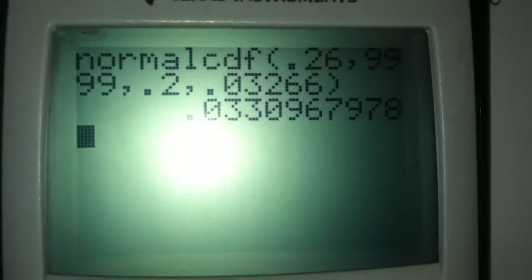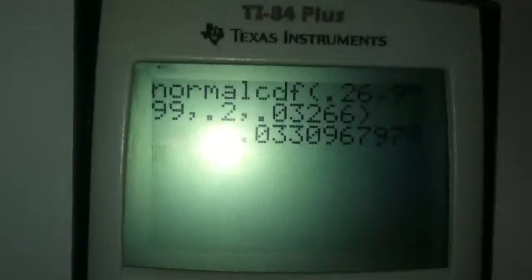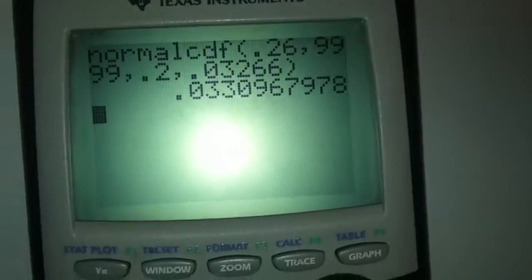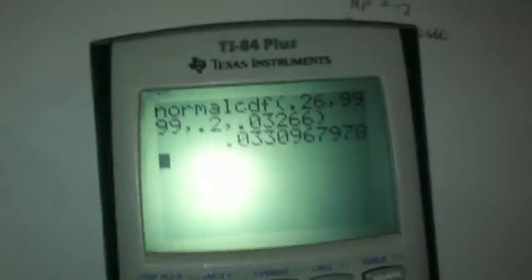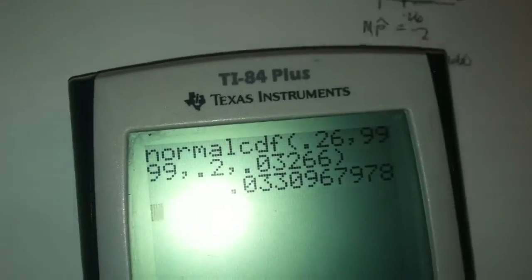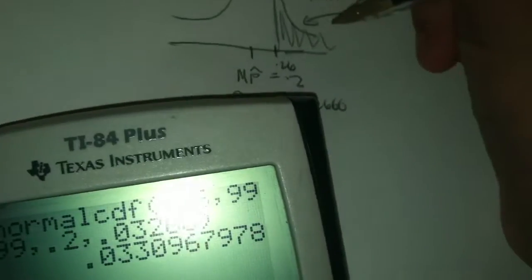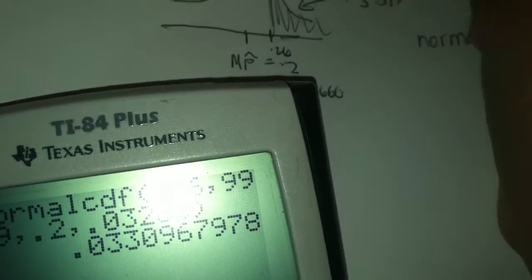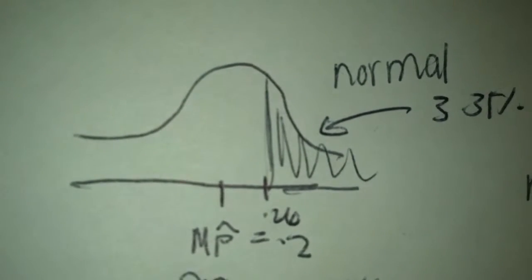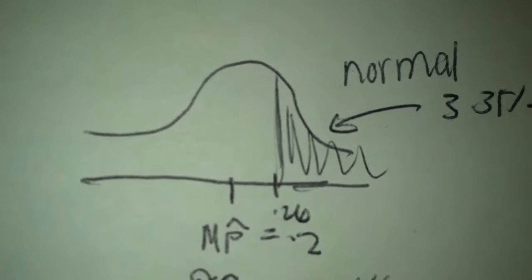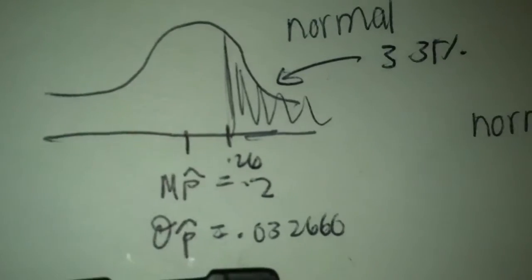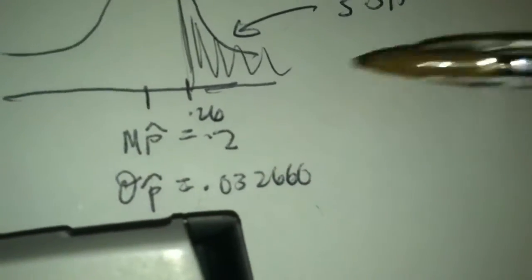That gives us 0.0331, and since it's in decimal form, that is 3.31% to the right, so the probability that p hat is greater than 0.26.